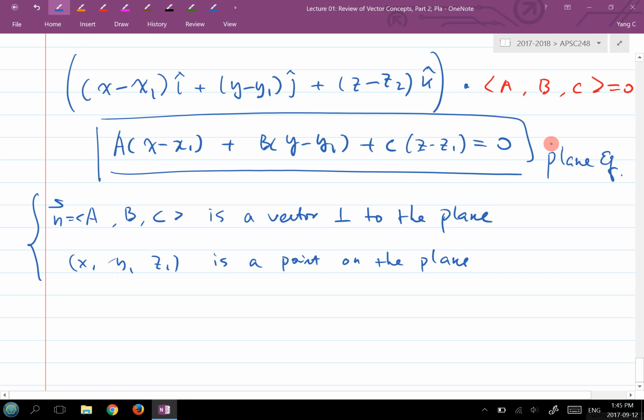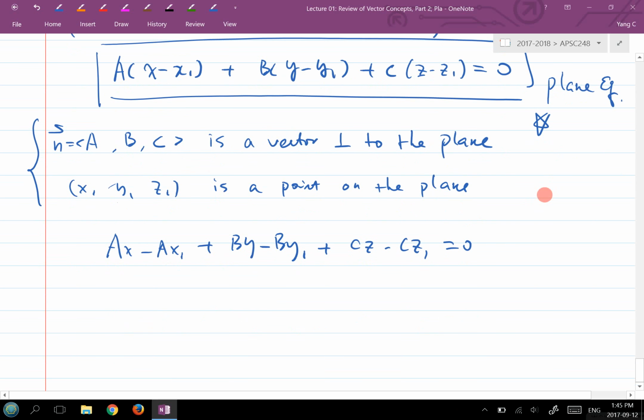And for this equation, you can further expand it to have a slightly different format. If I expand it like this, I get ax minus ax1 plus by minus by1 plus cz minus cz1. And I'm going to move all the constants, this ax1, by1, and cz1, to one side of the equation.